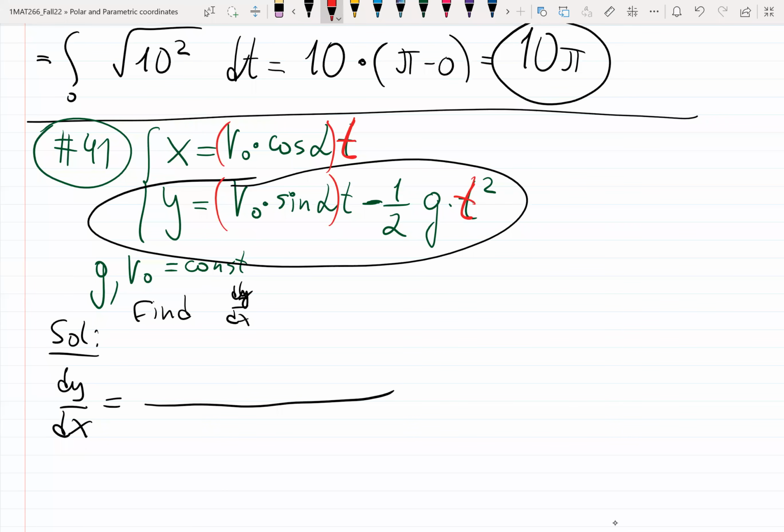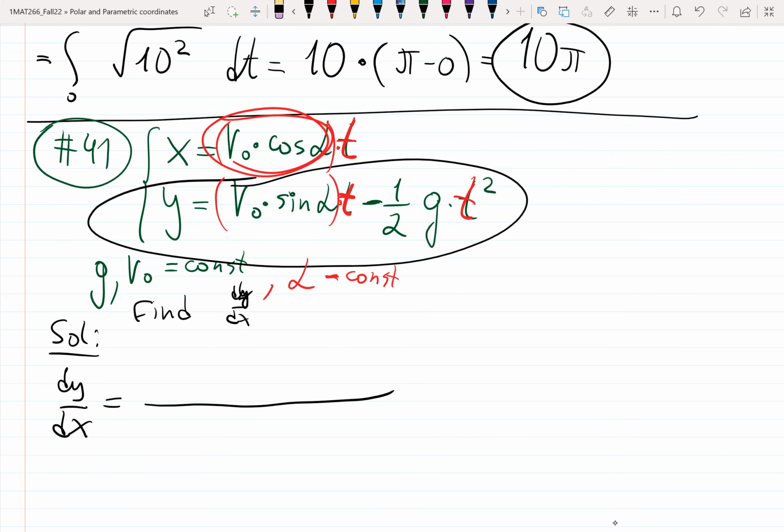Cosine alpha and sine alpha are not variables. If alpha is a constant too, which I should have pointed out, then I don't have to differentiate cosine and sine. Only t is a variable here. So it's like 10t basically. All this can be 10 or -17 or whatever it is.